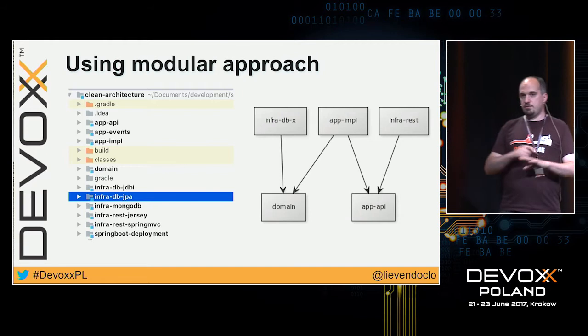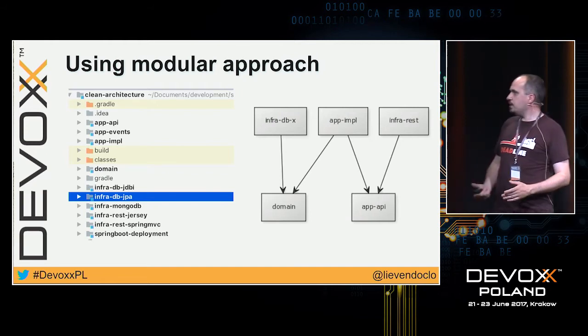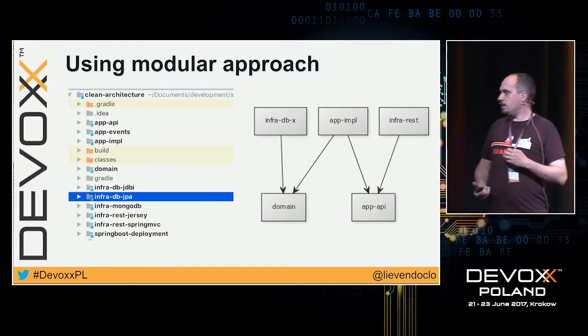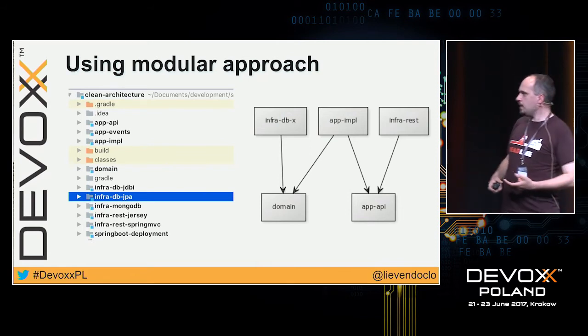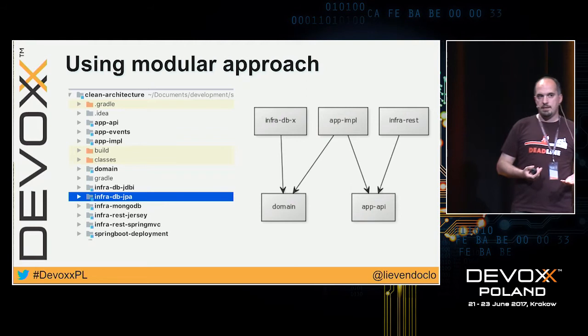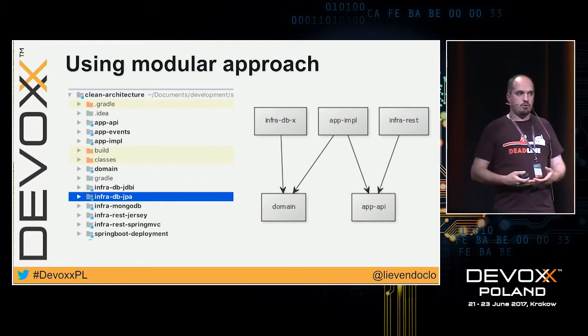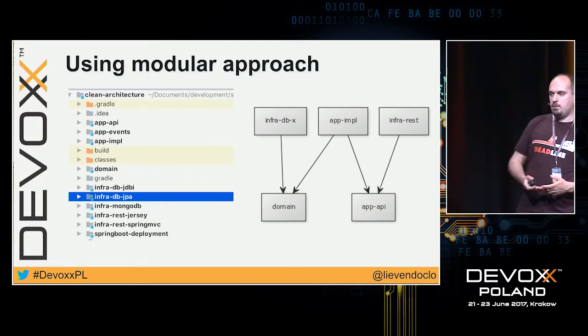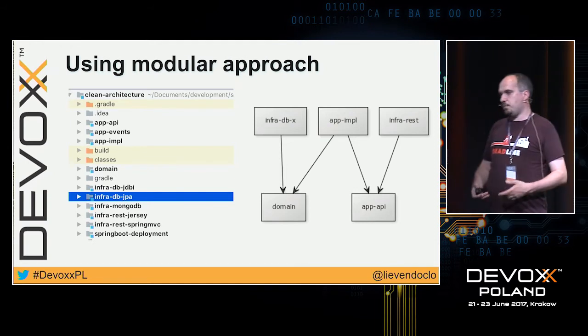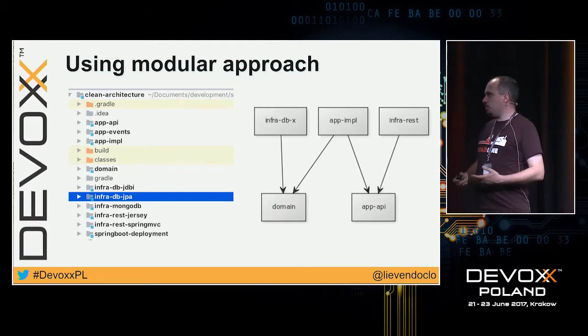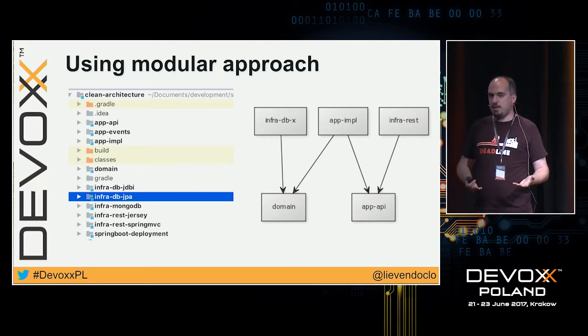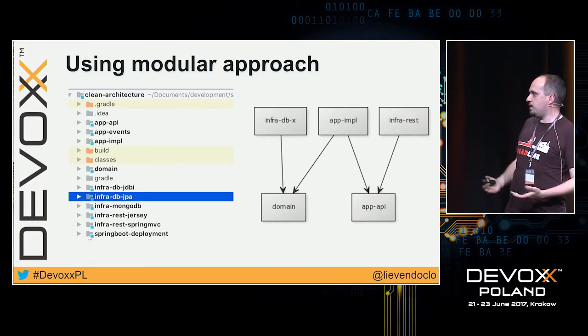I can interchange them whenever I want, and it's very nice to be able to experiment with certain approaches and to have the agility in your architecture to just try something out and see what it gives. So, for example, if you're using Jersey and you want to try out whether Spring MVC would be a better choice for you, you can try that out.